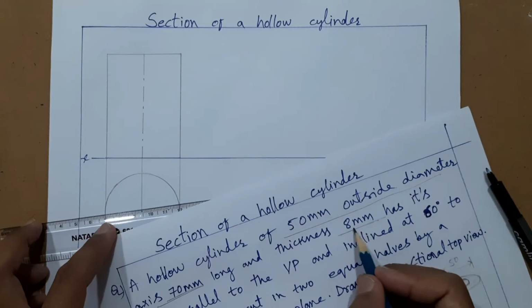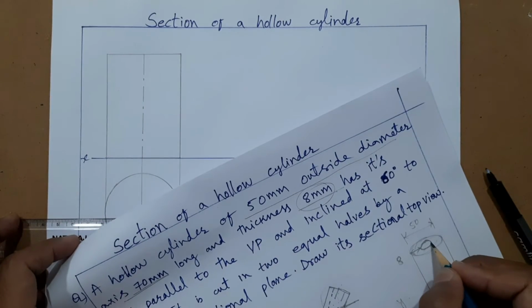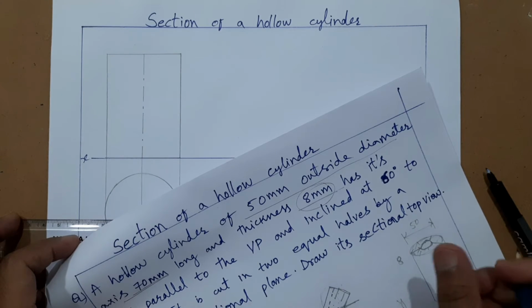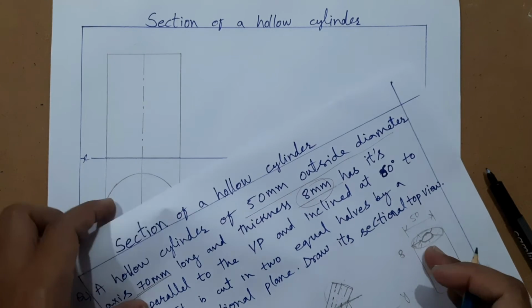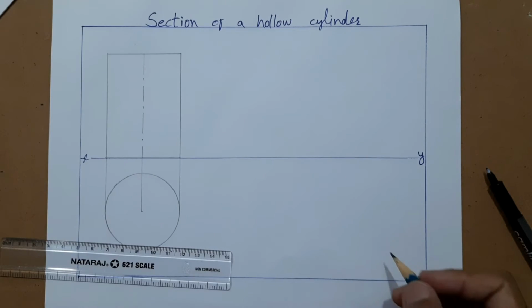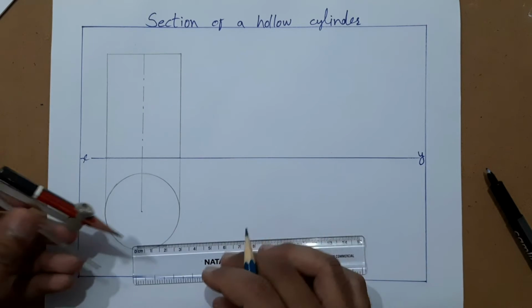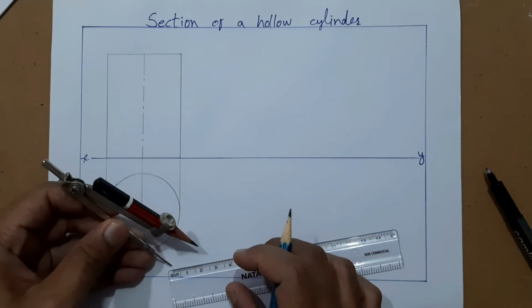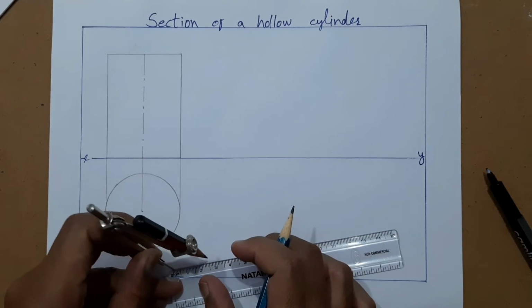Now thickness is how much? 8 mm. Thickness means this thickness, anywhere it is 8 mm, like a hollow cylinder or pipe. So wall thickness is 8 mm. So here 8 mm you have to reduce from the 25 mm. So let us remove this 8 mm.